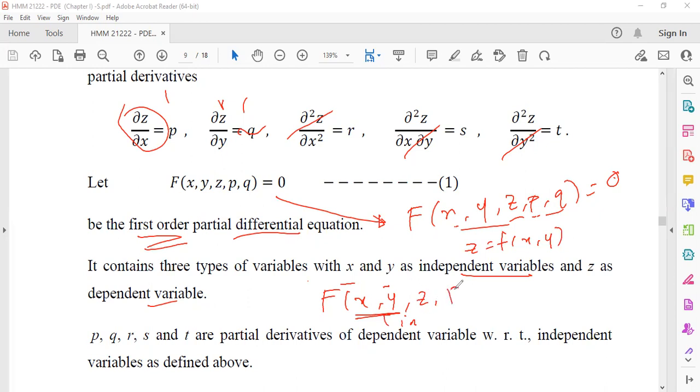Again, p is ∂z/∂x, that is not an independent variable. q is ∂z/∂y, so that is also not an independent variable. So they are taking these two as the independent variables and this as the dependent variable. These are derivatives. If you have an equation like this, we call it a first order partial differential equation. Now let's see.